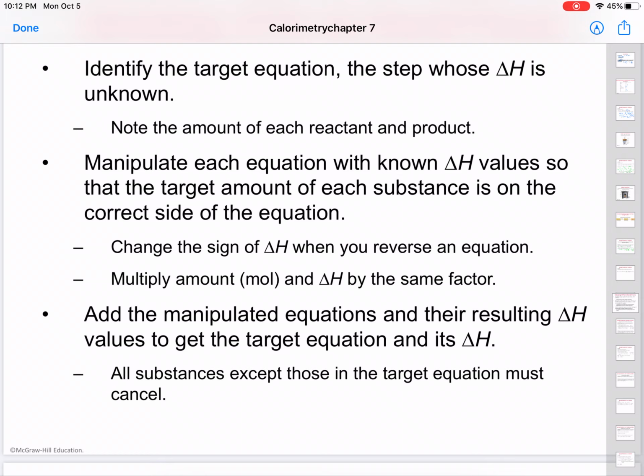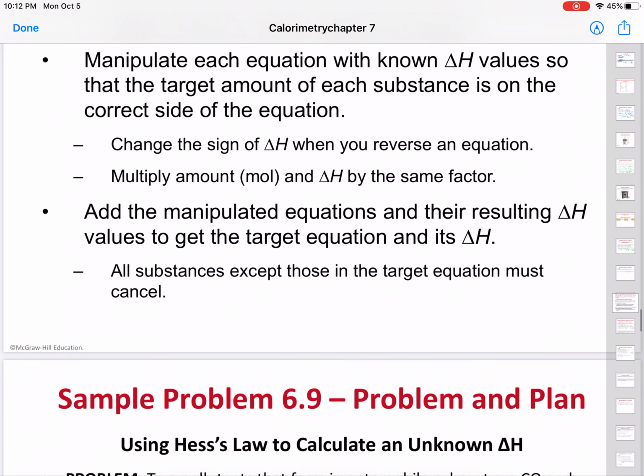If you do decide to multiply an equation to get to the correct number of moles, you have to multiply the delta H also by the same factor. After you manipulate your equations, add the manipulated equations and their resulting delta H values to get the target equation and its delta H. All substances except those in the target equation must cancel.